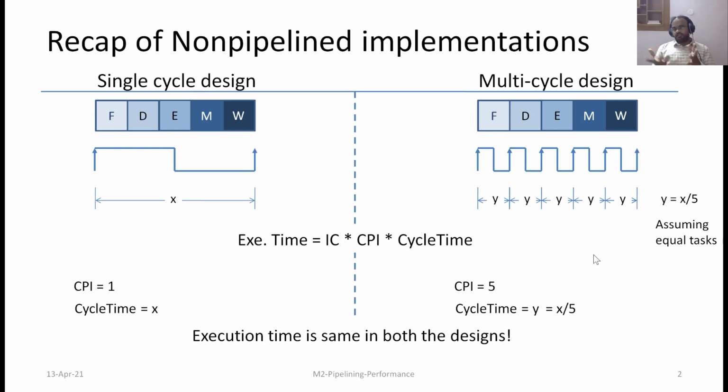We do not get any extra benefit with multi-cycle design. Saying that, you would have already realized that multi-cycle design is one of the stepping stones for pipelining, right? We can't directly jump from single cycle to the pipeline version, it is a little difficult. So you can assume that the multi-cycle design was the intermediate step.